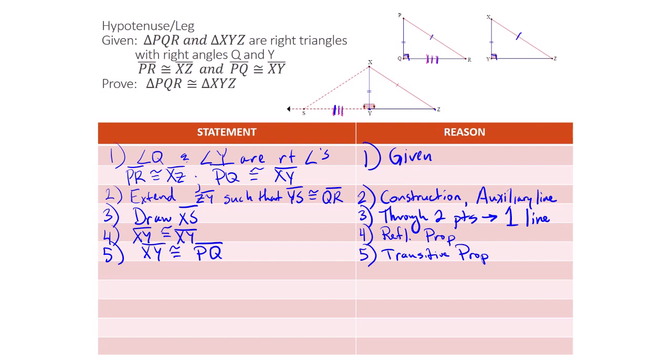We can't just straight out say that. We have to go through the logical process here. So we know that we have a linear pair, right? So we know that angle SYX and angle ZYX form a linear pair.